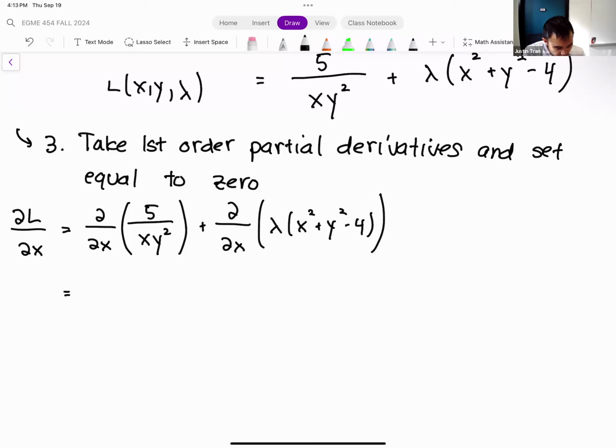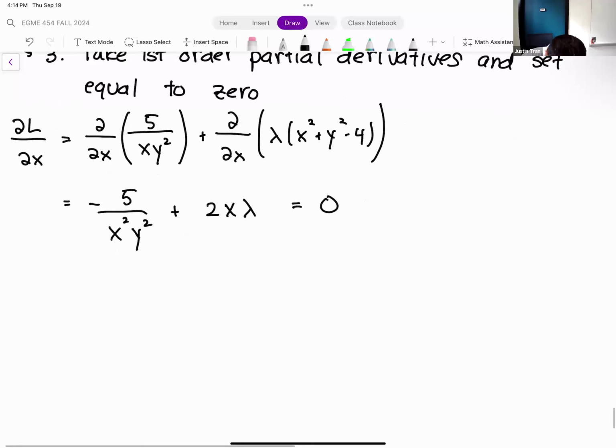Okay, so let's take the derivative of this, and so the derivative of this is we're going to get a minus 5 over x squared y squared, okay, plus the derivative of this we have 2 times x times lambda, that's going to be equal to 0. Okay, next we're going to take the partial derivative with respect to y.